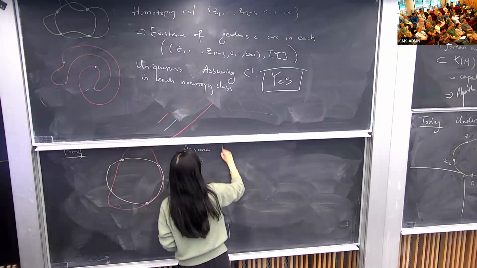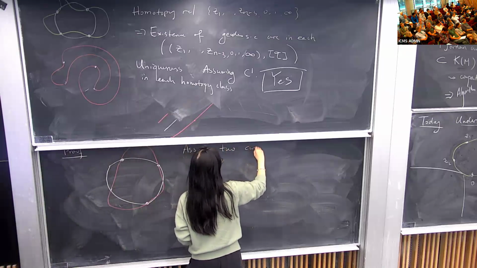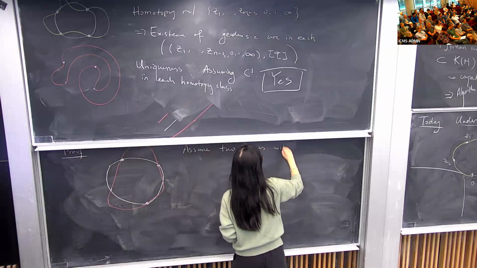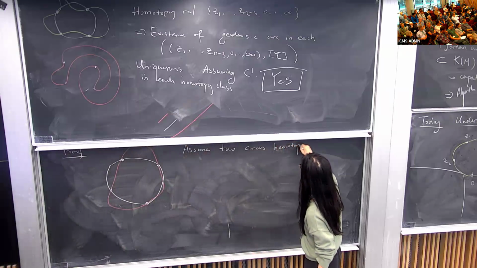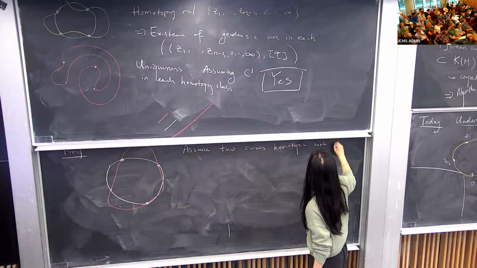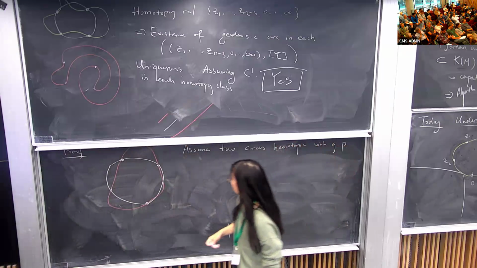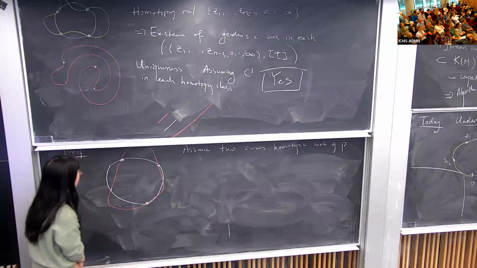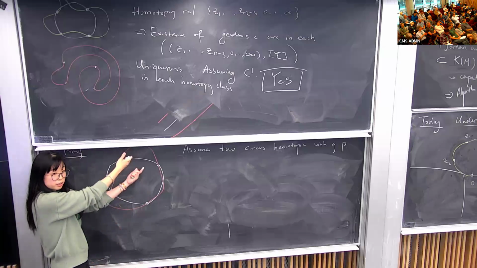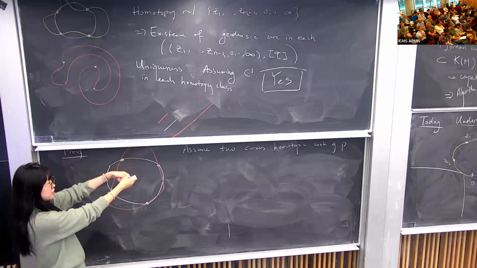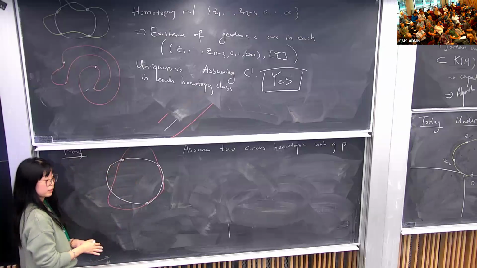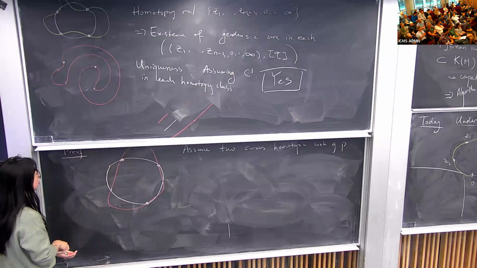Assume two curves that are homotopic to each other, and with the geodesic property. We want to measure how far they're from each other. And in the end, we want to show their distance is actually 0. And it proves the uniqueness. Okay, so how can we measure it?